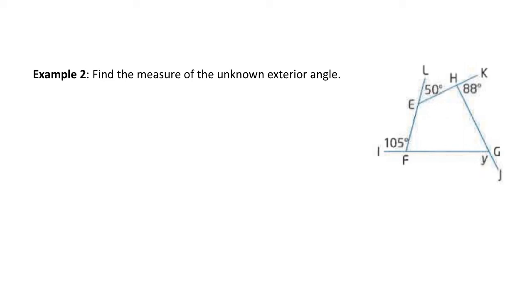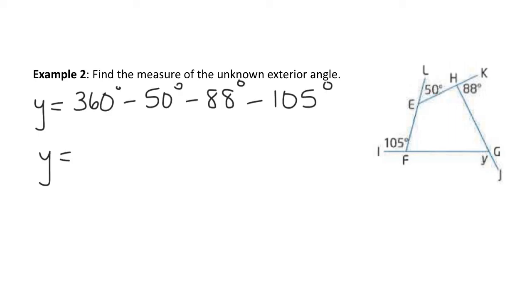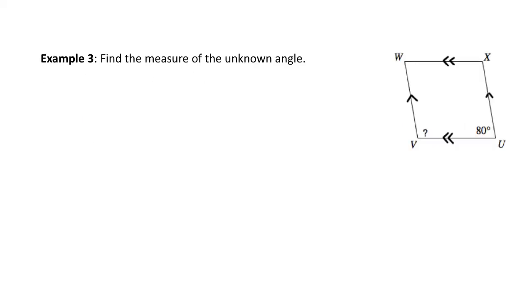We know that the 4 exterior angles on a quadrilateral add up to 360 degrees. So to find this missing angle, I'm going to subtract the given exterior angles from 360. I've set up the equation to solve for y, and if we perform the subtraction, y would be equal to 117 degrees.